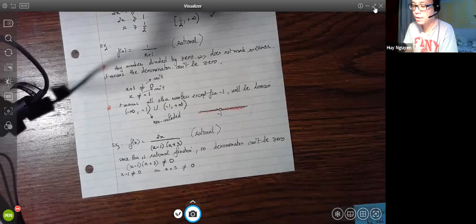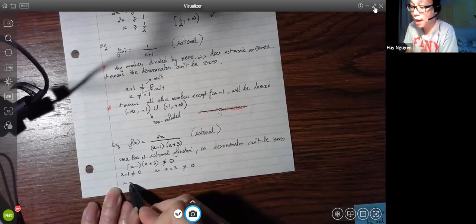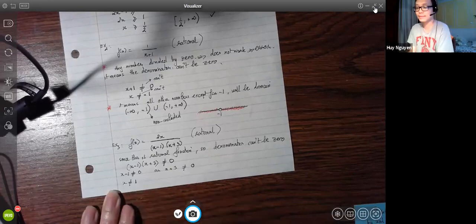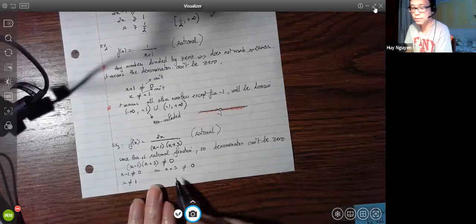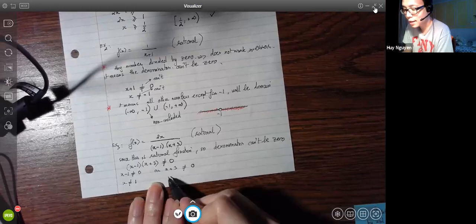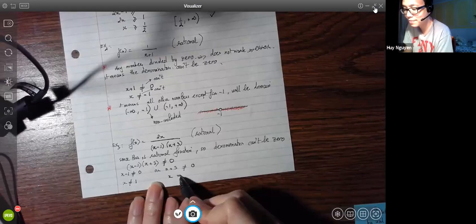From here, we have x can't be 1. Subtract 3 from both sides here, so x can't be negative 3.